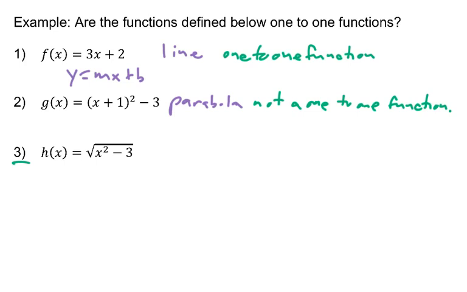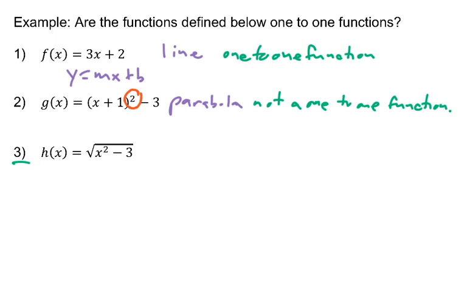The thing that made our parabola, number 2, not a 1-to-1 function, I think more than anything else was this exponent of a 2. Because what happens is when you square a negative number or when you square a positive number, you get a positive number both times. The idea of a 1-to-1 function, again, is that you can't have two different ordered pairs with the same first coordinate.